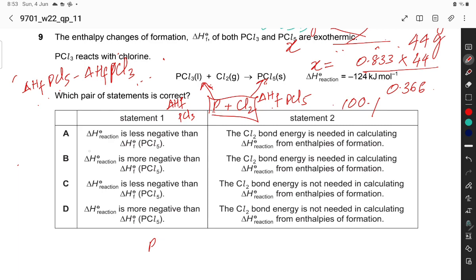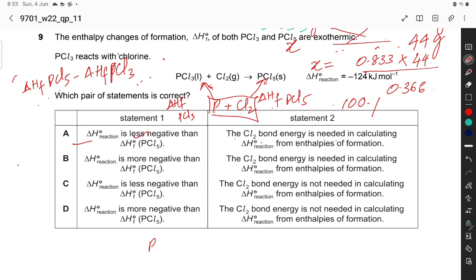Now delta H reaction is less negative than delta HF PCl5. The Cl2 bond energy is needed.